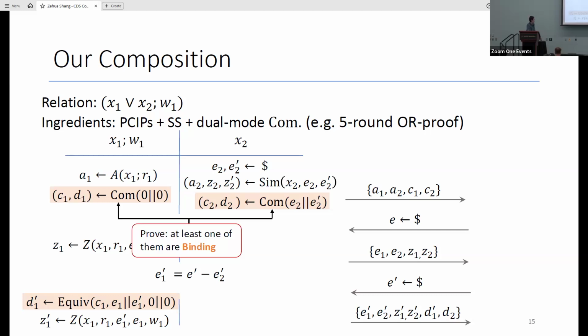And also, additionally, we would attach a subproof in parallel to prove that at least one of those two commitments is in the binding mode.